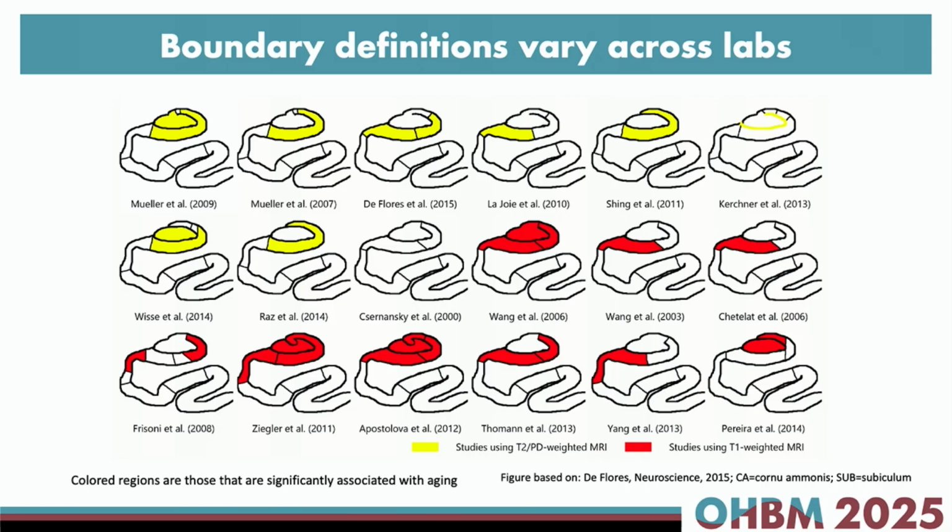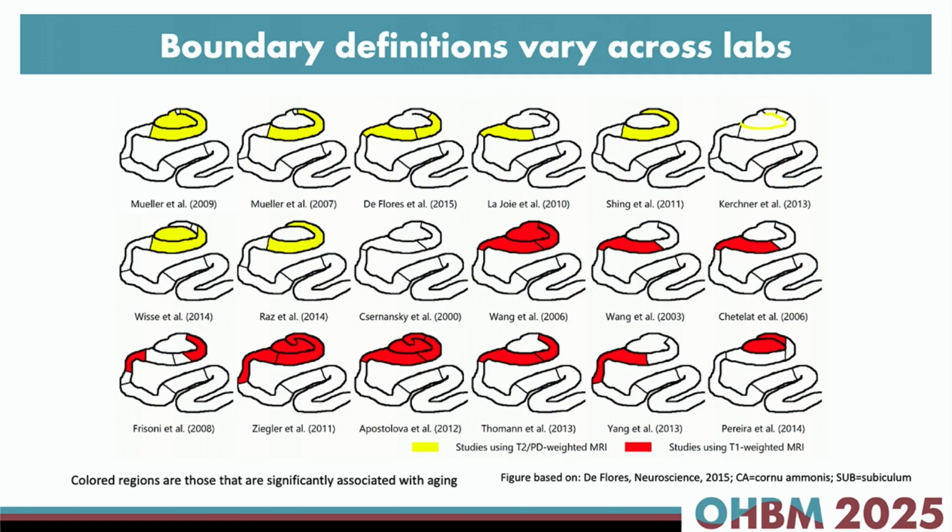And maybe you think, well, what does it matter if the boundary between this lab and this lab is off by 2 millimeters? But I think it can matter if we're trying to really know precisely what different subfields are doing in terms of different mnemonic functions, as well as how different subfields are changing as a function of age and disease.